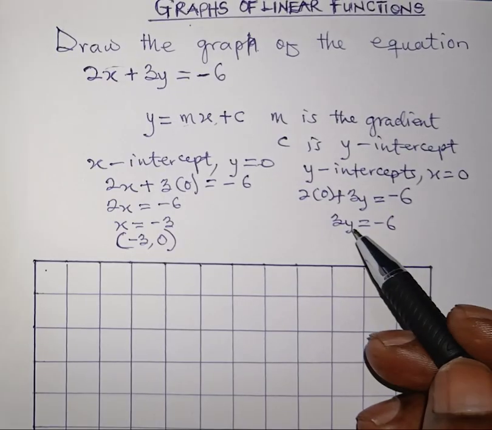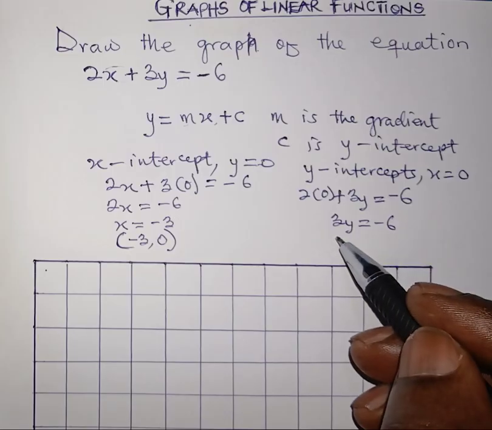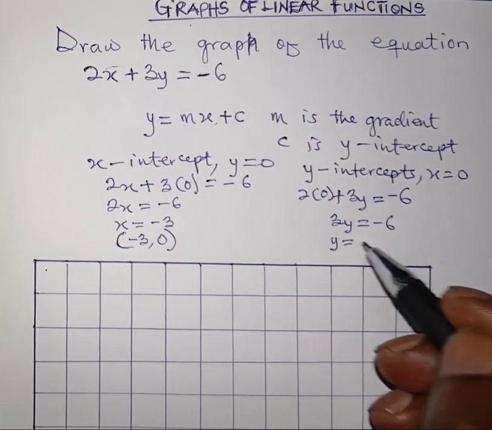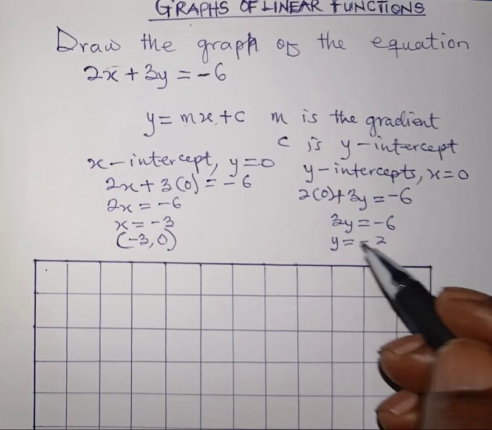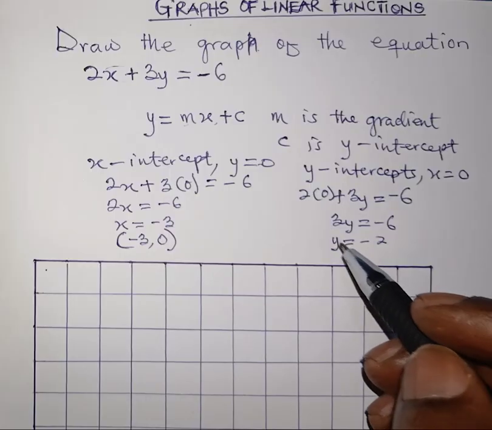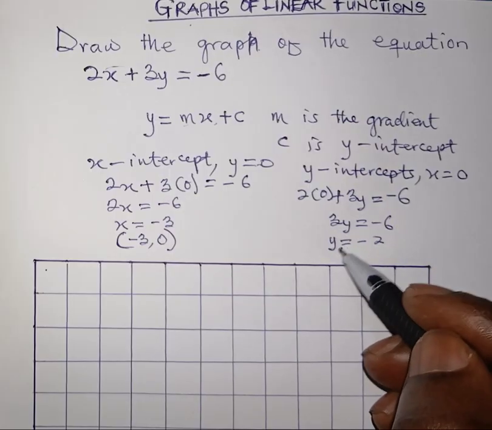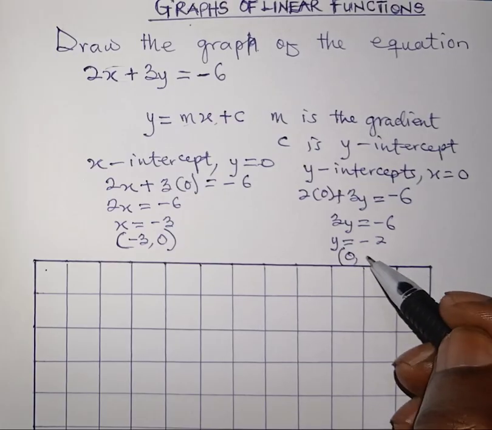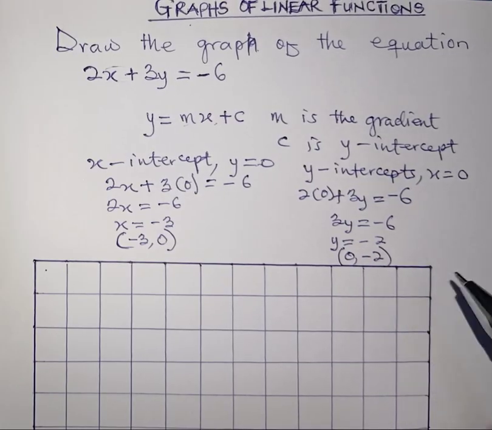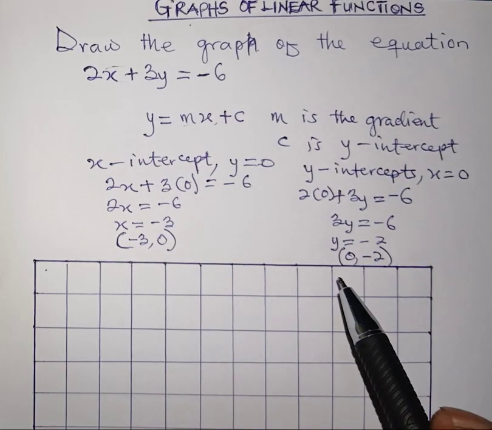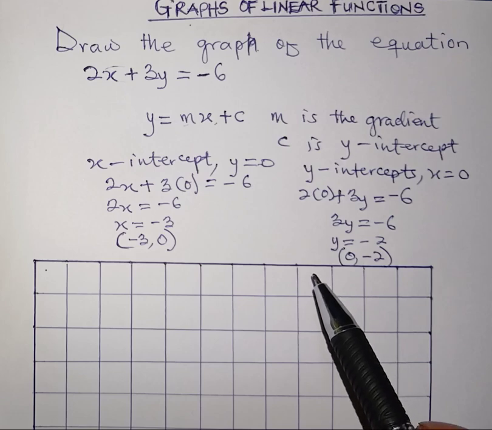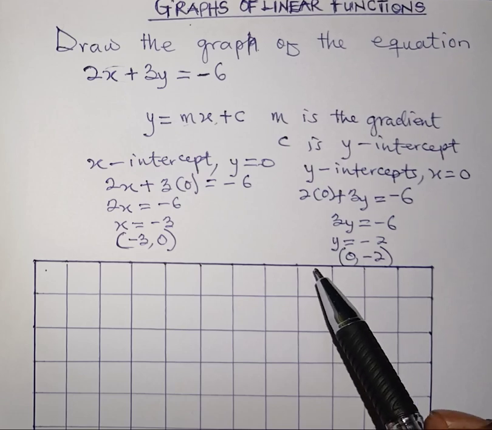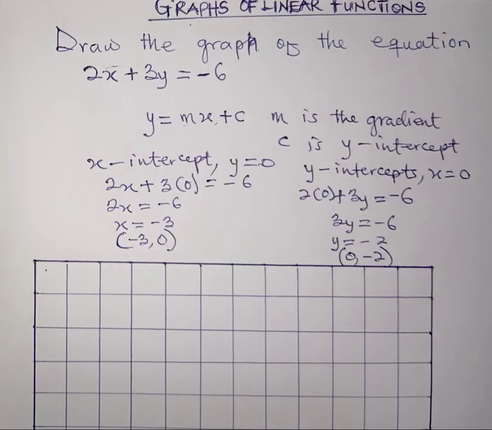Here too, if I divide both sides by 3, I get y is equal to negative 2. So for the coordinate for the y-intercept, x is 0 and y is negative 2. So these are the intercepts for both x and y.